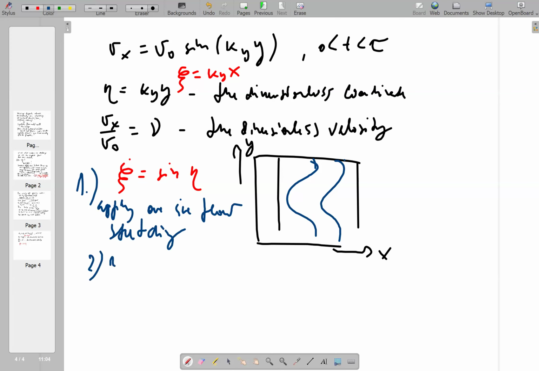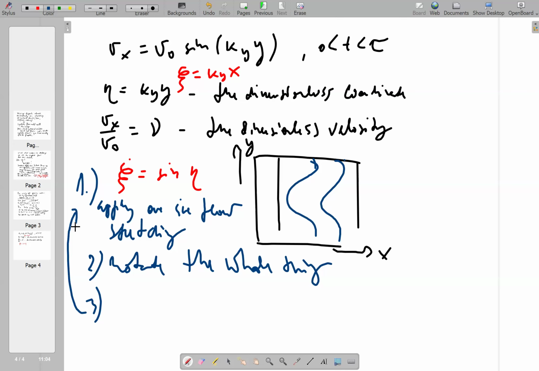Second, rotate the whole thing. And three, go to the beginning and start repeating.